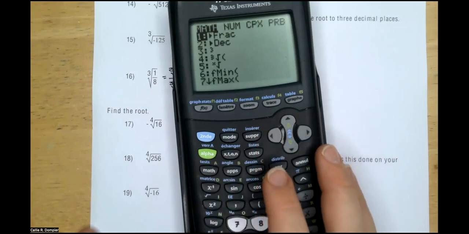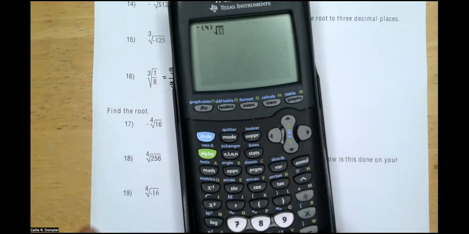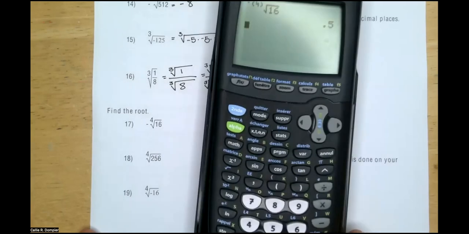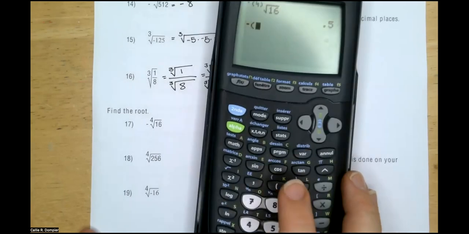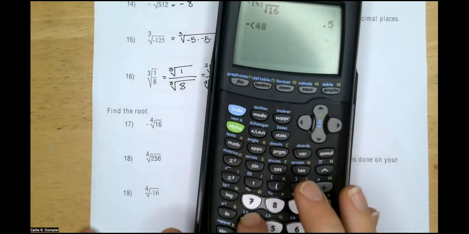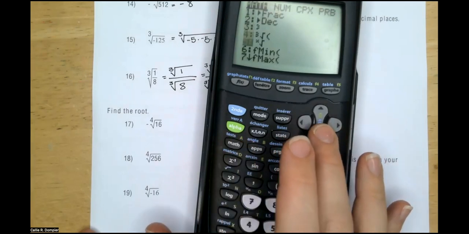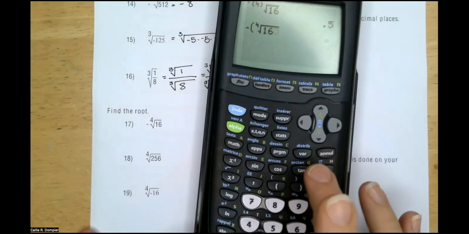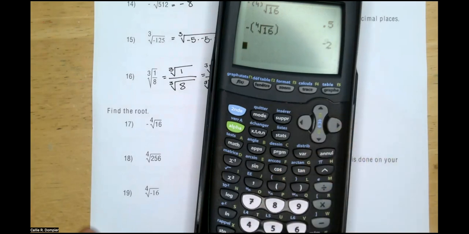This is not even useful to you because you don't have this calculator. That's not what I wanted. Negative 2. That's not easy.